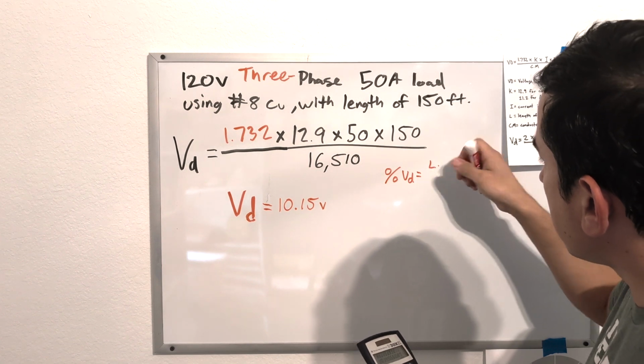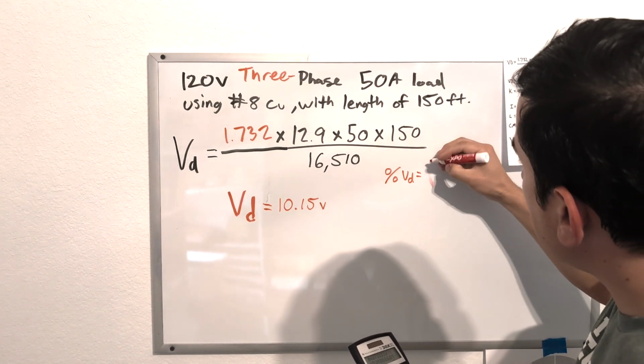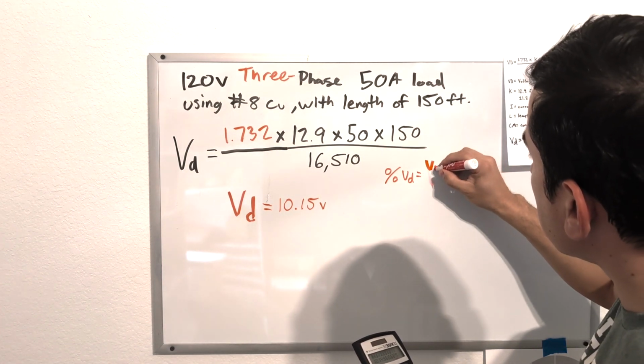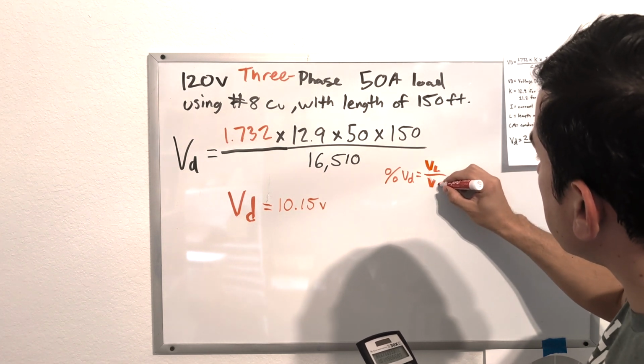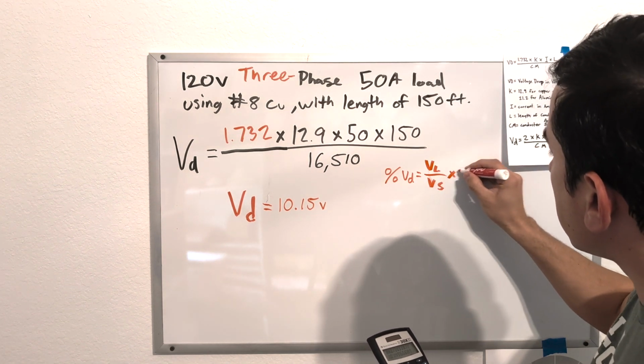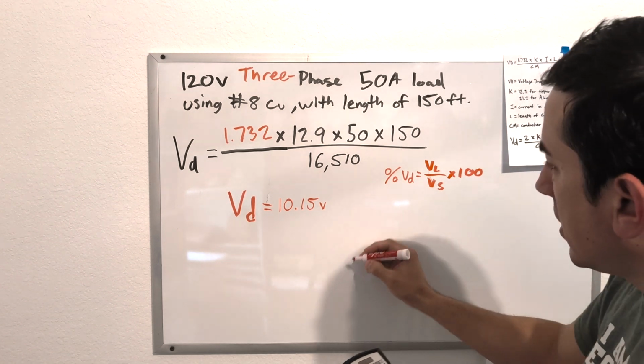it would be voltage loss over voltage supply times 100.